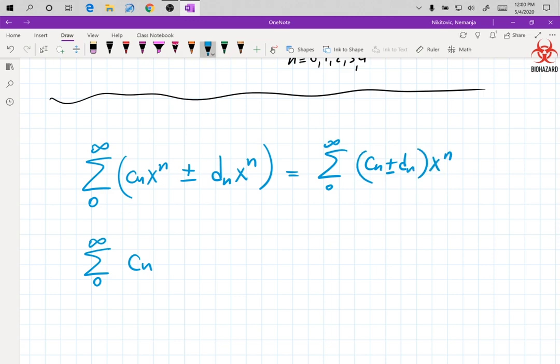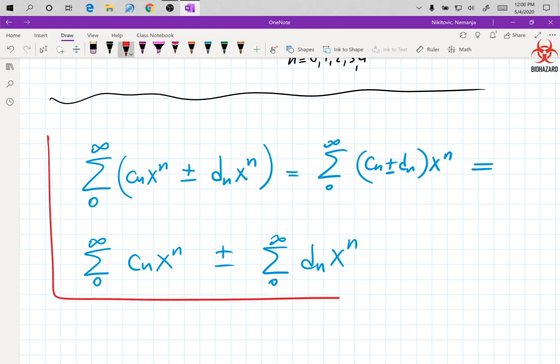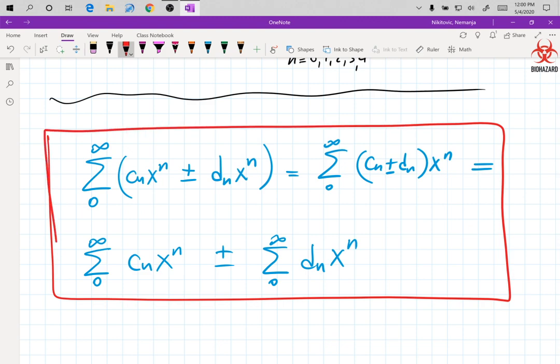So this is the same. When you split these power series apart, because we are only dealing with sums here, you can split series apart, or you can put them together.